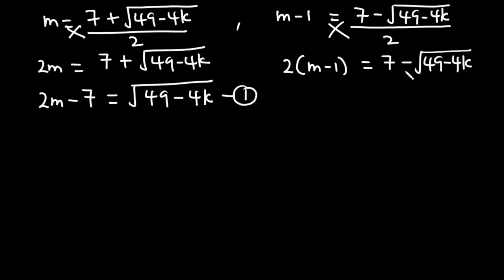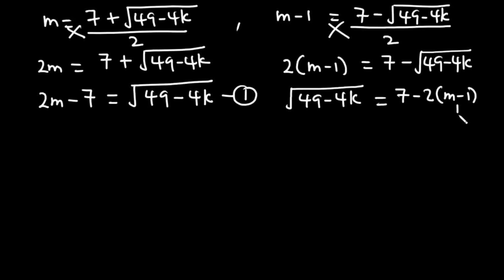Now to do away with the negative sign attached to the square root, let's transpose negative the square root of 49 minus 4k to the left hand side, and then 2 into bracket m minus 1 to the right hand side. So it's going to be the square root of 49 minus 4k is equal to 7 minus 2 into bracket m minus 1. And let's call this our second equation.